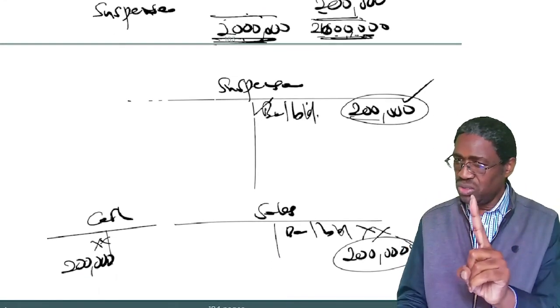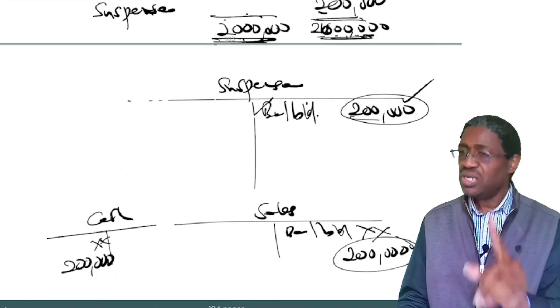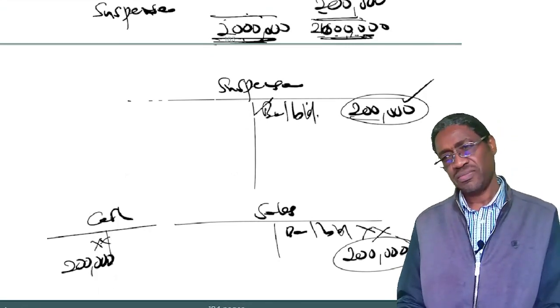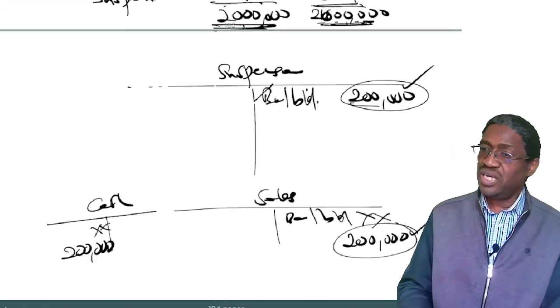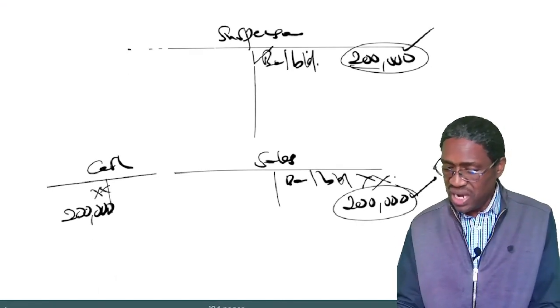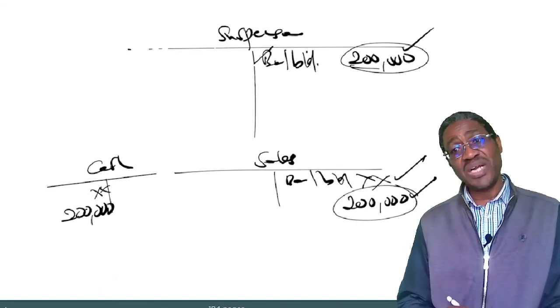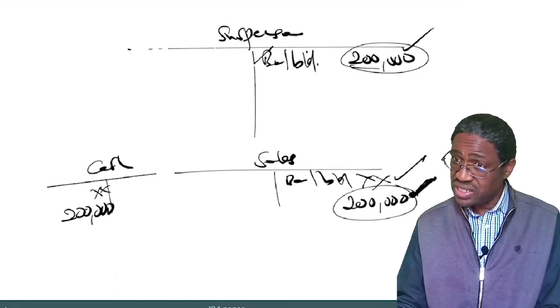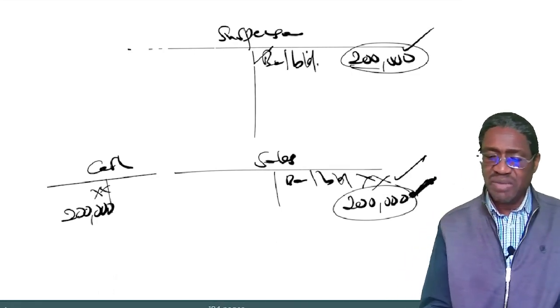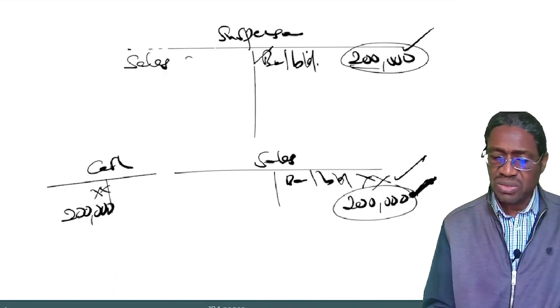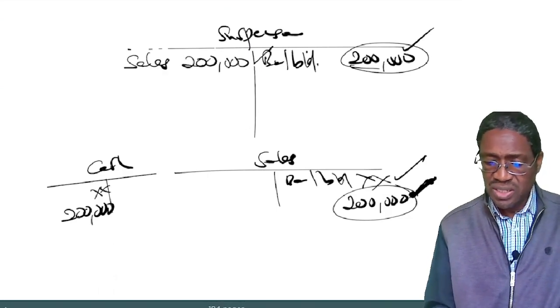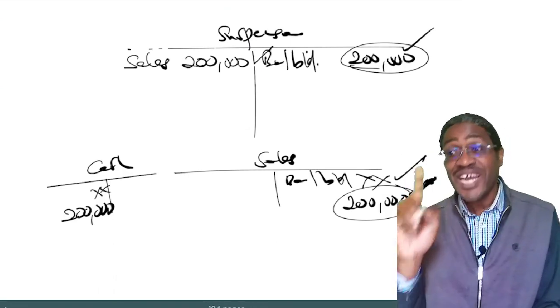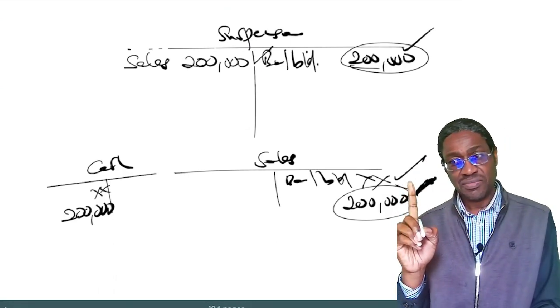I realized my sales were undercosted. We have agreed sales is always a credit balance. So if my sales were undercosted, I correct it by crediting my sales account and debiting the suspense account by 200. That way I have corrected the error.